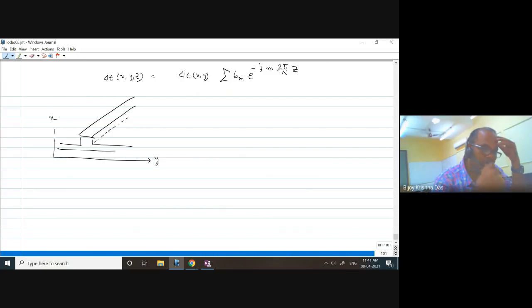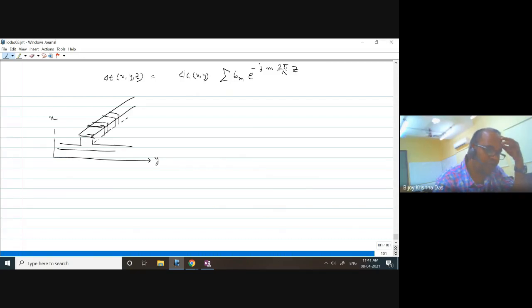You can have something like this: a rectangular, normal waveguide which is actually unmodulated.